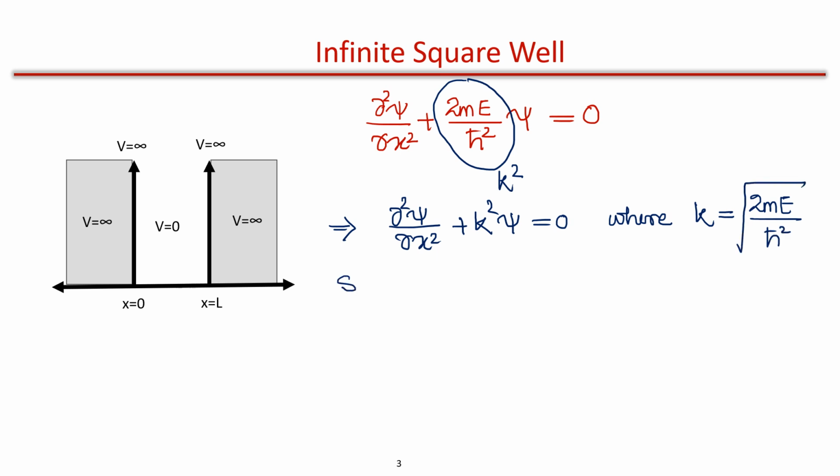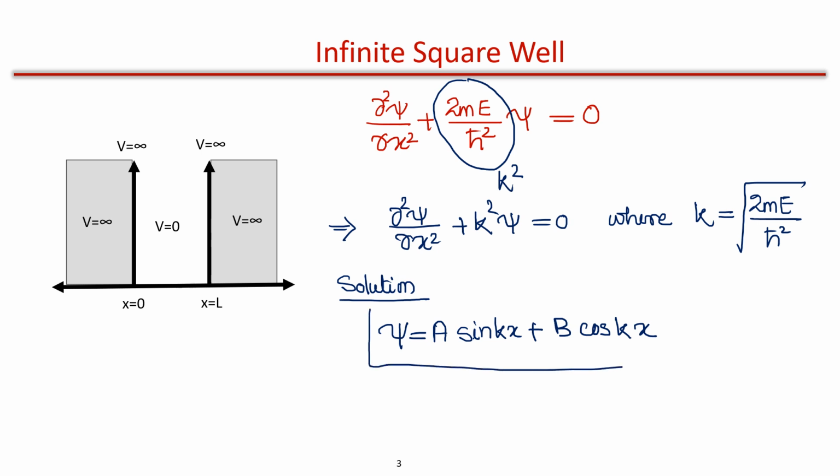Now the general solution of this Schrodinger equation is similar to the solution of the harmonic oscillator, and that is given by a sin kx plus b cos kx. Now we want to find out the values of a and b, which we can find out from the boundary conditions.